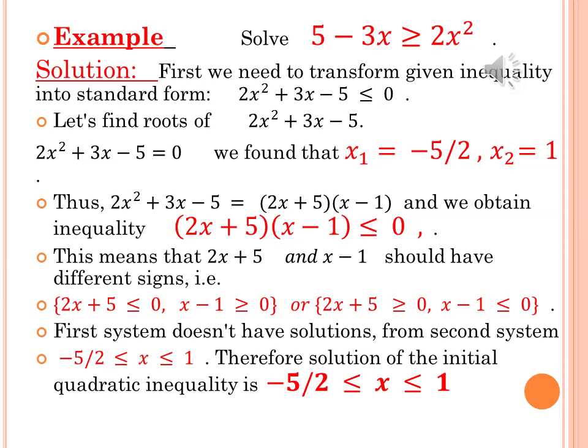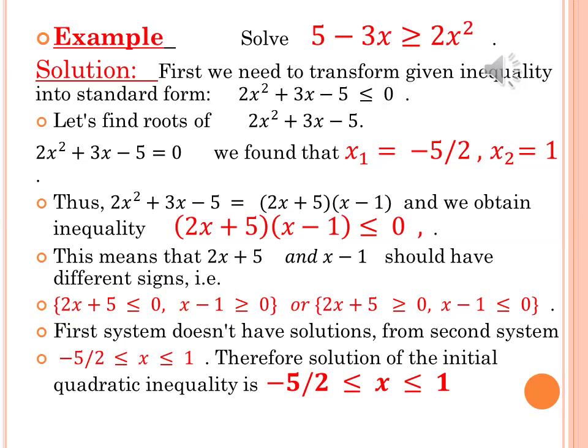Less than 0 means one bracket is positive and the other bracket is negative. So first one positive, second one negative, or first one negative, second one positive. Take the first possibility, 2x plus 5 less than 0 and x minus 1 greater than 0, or take 2x plus 5 greater than 0 and x minus 1 less than 0.